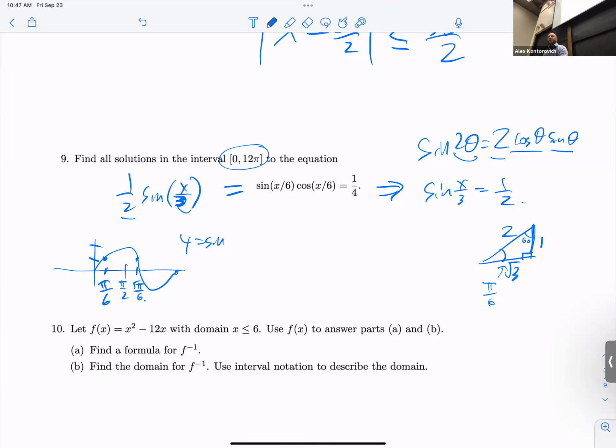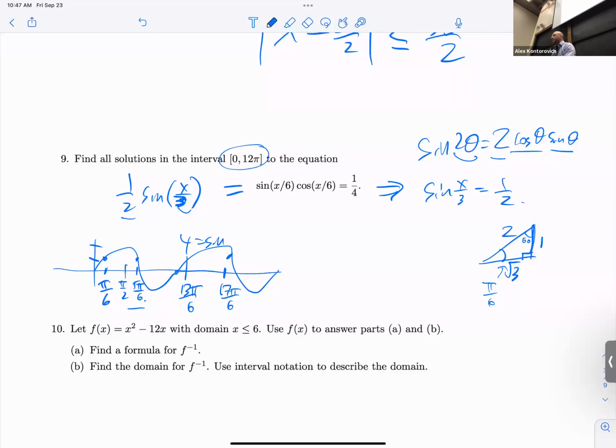But it'll happen again. I don't care about negatives, but it'll happen again over here at 2 pi plus another, so that's 13 pi over 6, and another over here, I'm adding 12, so 17 pi over 6.